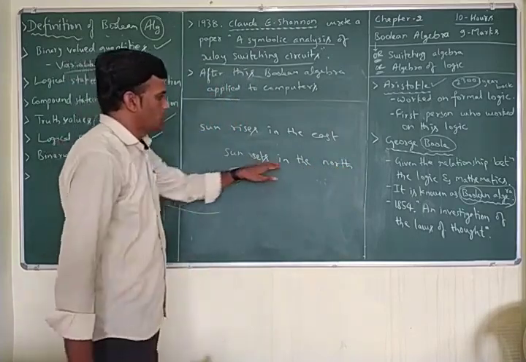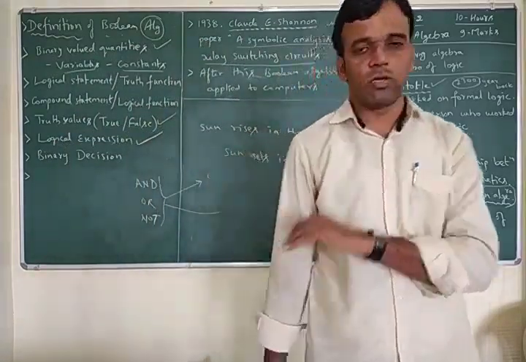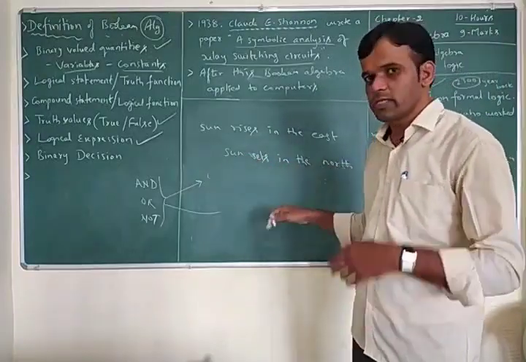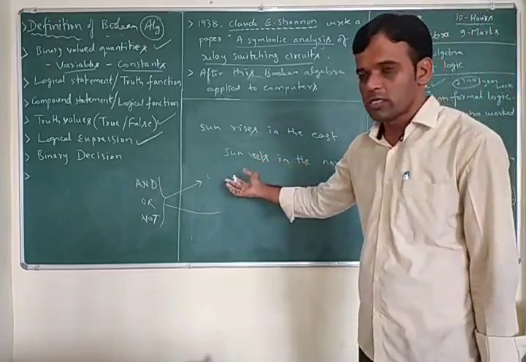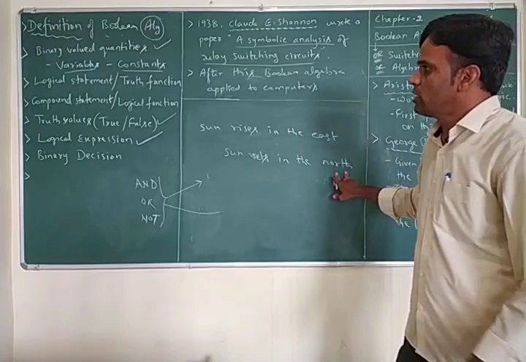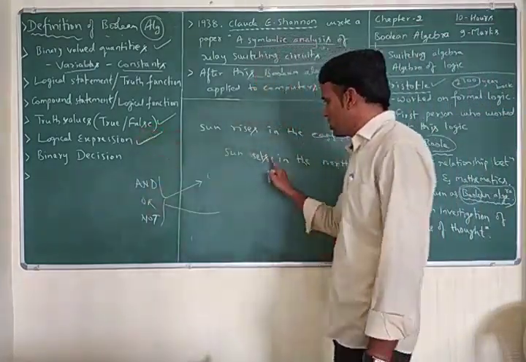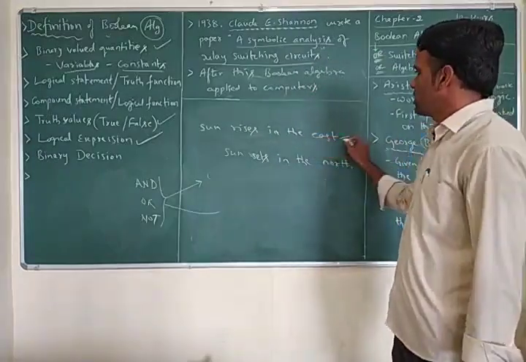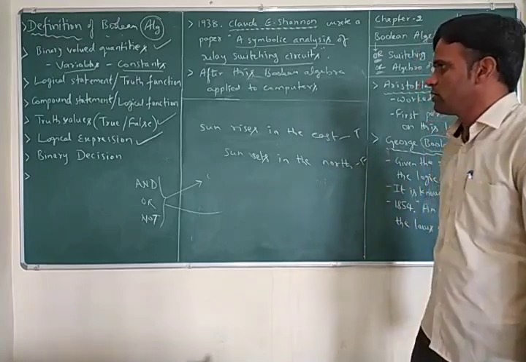Okay, this statement also has a truth value, because I am saying this is a statement already, and a statement should have a truth value. Here this statement is not correct, sun sets in the north is incorrect, so it should have false as its truth value. So this simple logical statement's truth value is true, and this one's truth value is false.